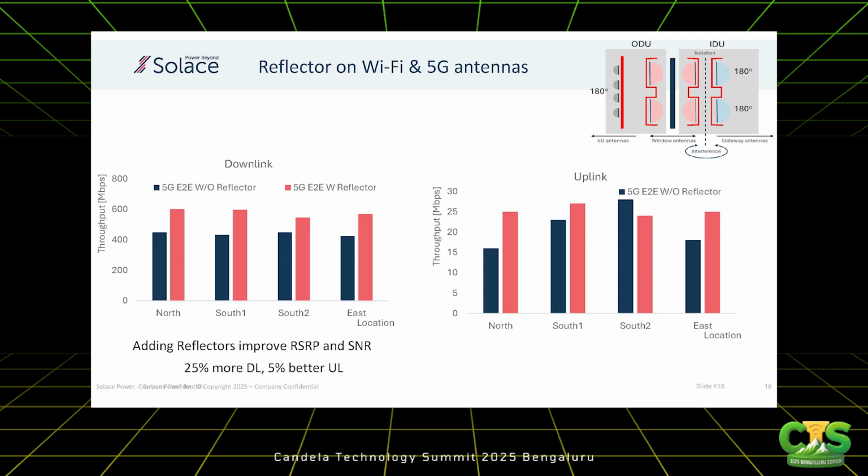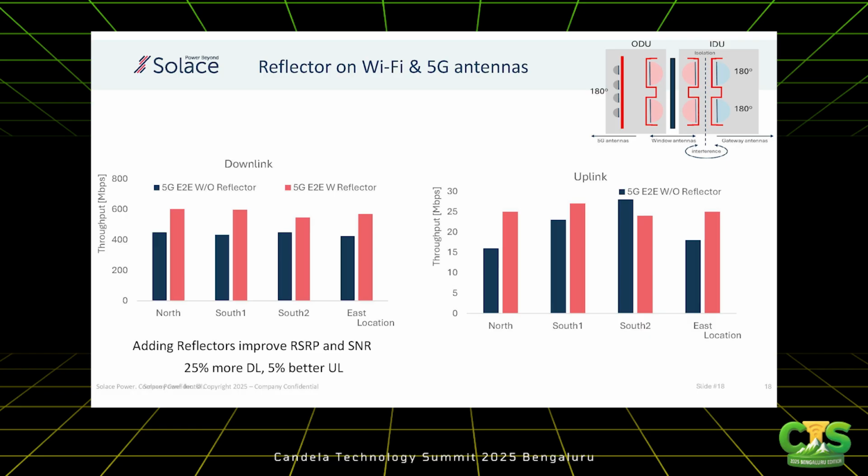And in the indoor unit, again, you have the Wi-Fi antennas for the through glass and for the home networking. You can see that you have a 25% increase in downlink just by improving the isolation between antennas, right? And you could test it if you have a very decent calibrated place to measure TCP throughput.